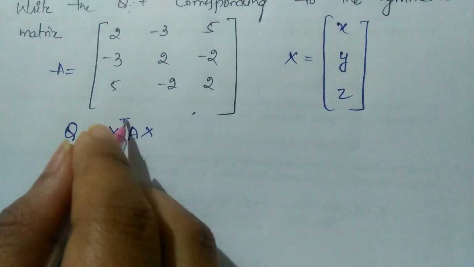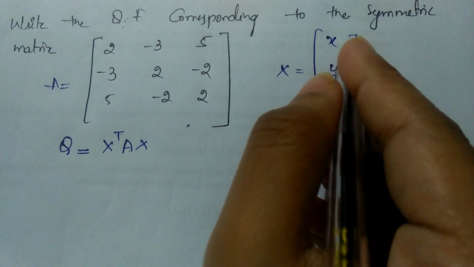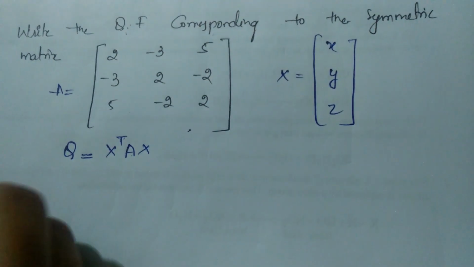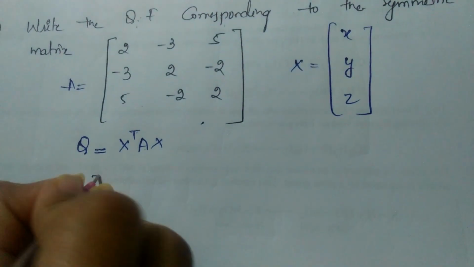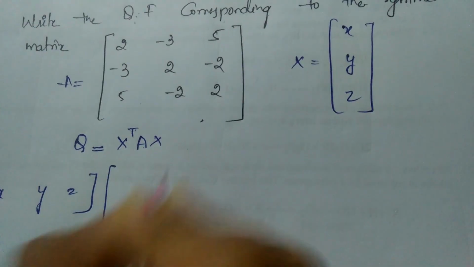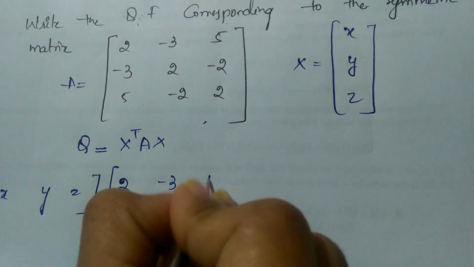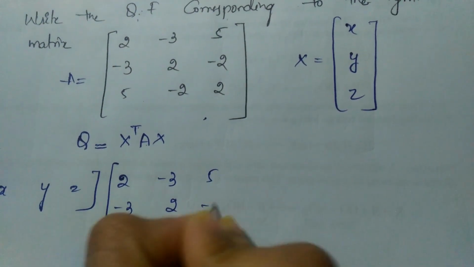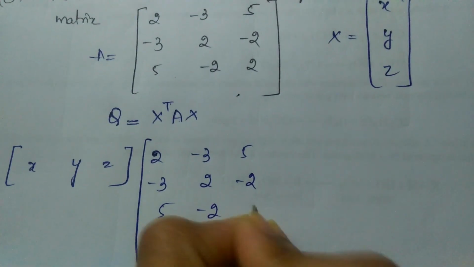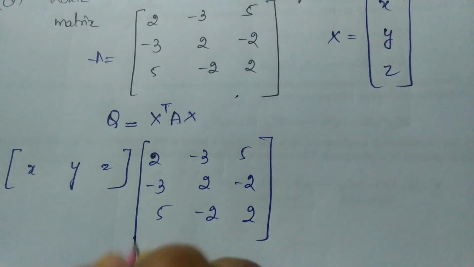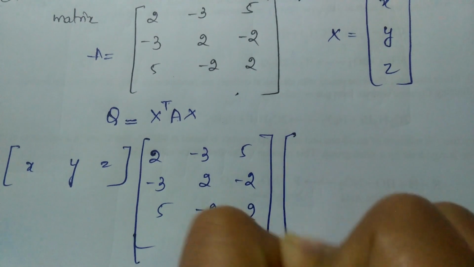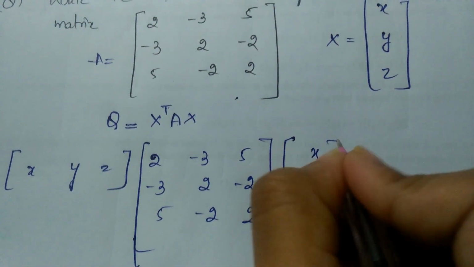The transpose of a matrix means rows change into columns, so we get x y z times the matrix A, which is 2 minus 3 5, minus 3 2 minus 2, 5 minus 2 2, times the X matrix x y z.